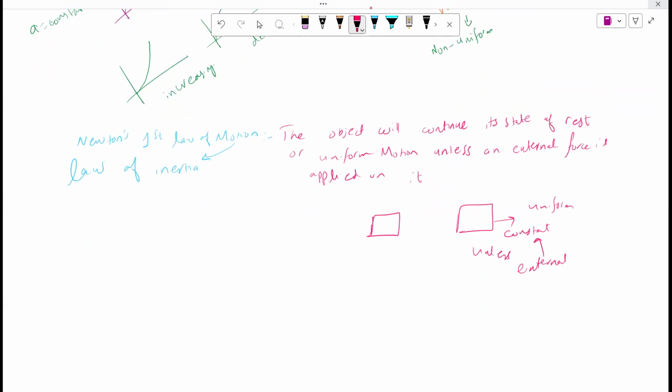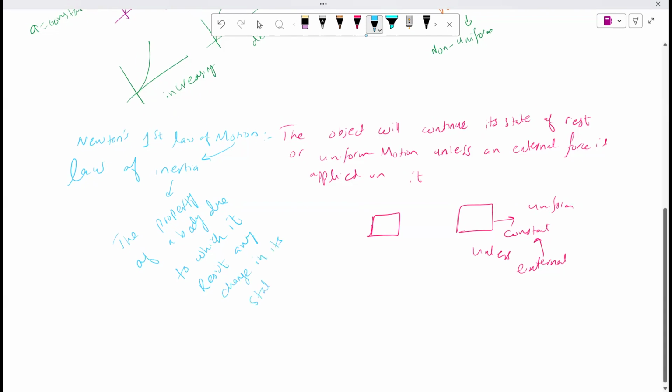And why is it called the law of inertia? Because inertia is defined as the property of a body due to which it resists any change in its state of rest or uniform motion.